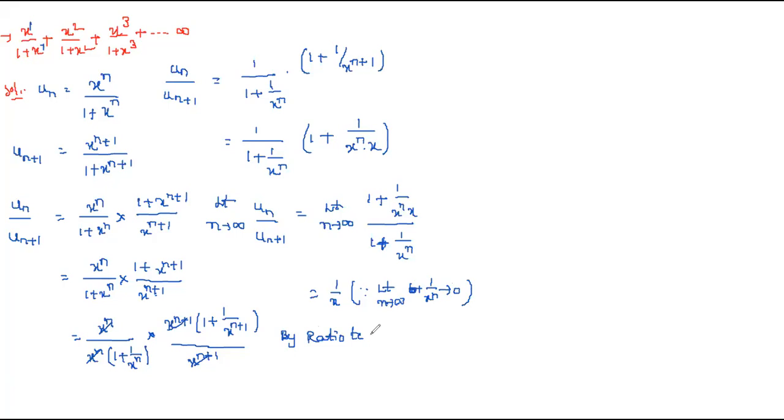By the ratio test, summation un is convergent if 1 by x is greater than 1 and divergent if 1 by x is less than 1, and the test fails when 1 by x is equal to 1.